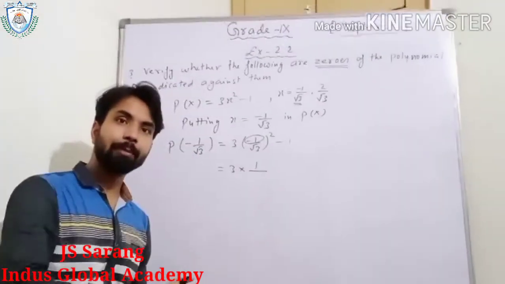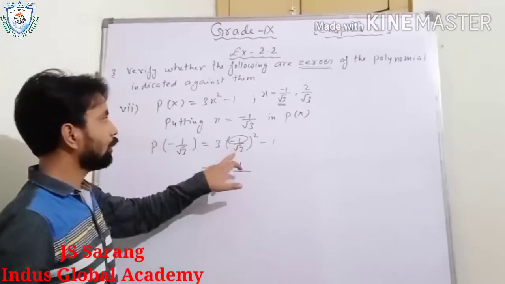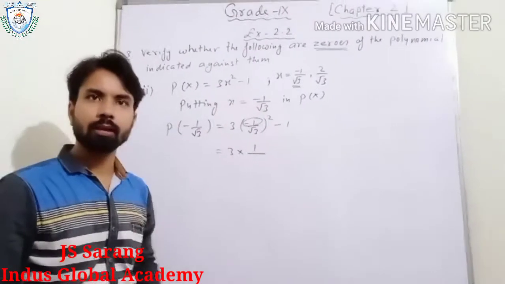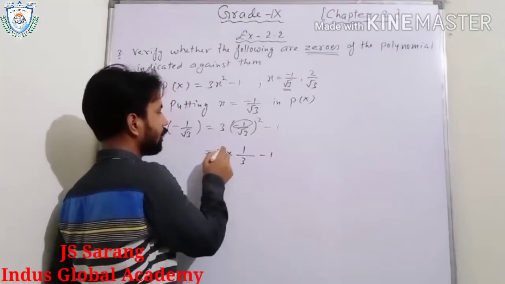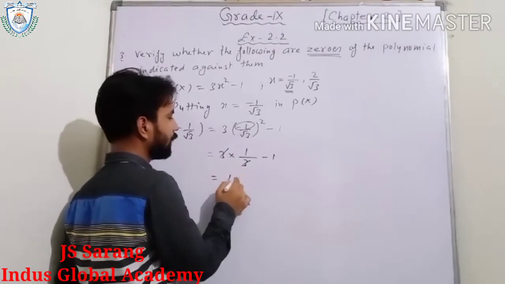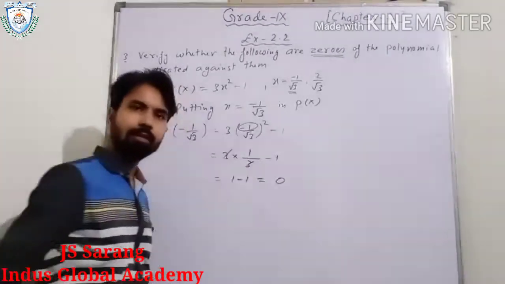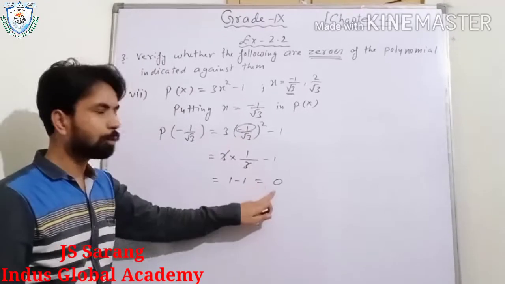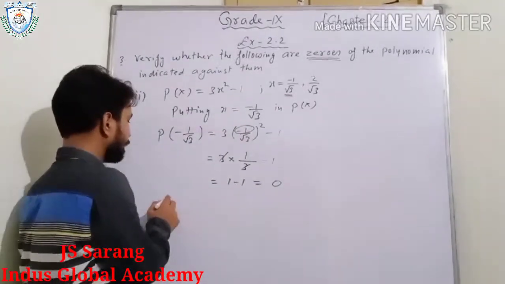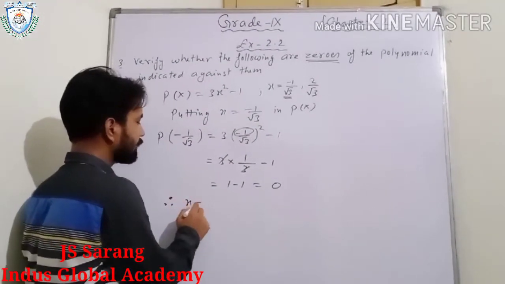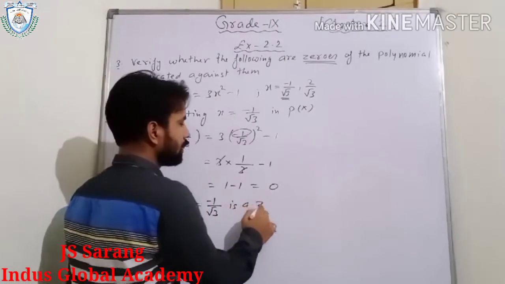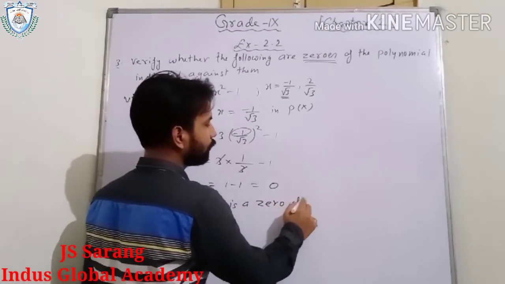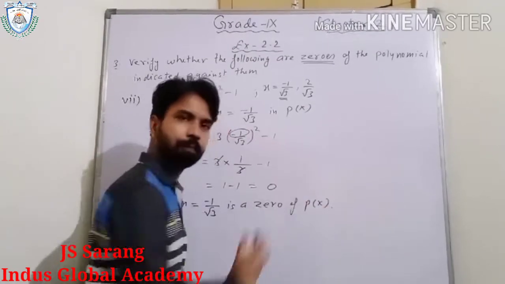In the very first chapter I explained to you that root 3 square gives you what? 3, minus 1. Now this 3 and this 3 cancel. 1 minus 1 is 0. So here the value of the polynomial is 0. So we can say that hence x equal to minus 1 upon root 3 is a zero of p(x).